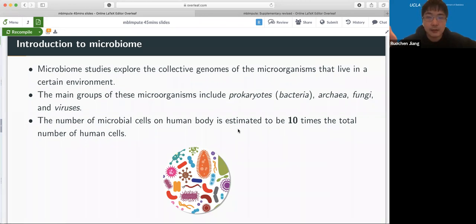So basically, you can think of the interplay between the microbiome and the environment, and they are interacting with each other. So it's very interesting to study how they really affect people's health, especially in certain diseases.